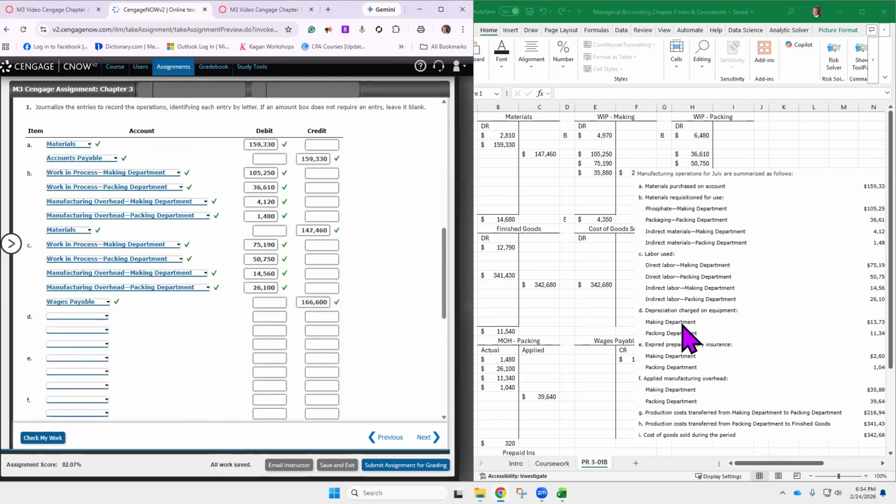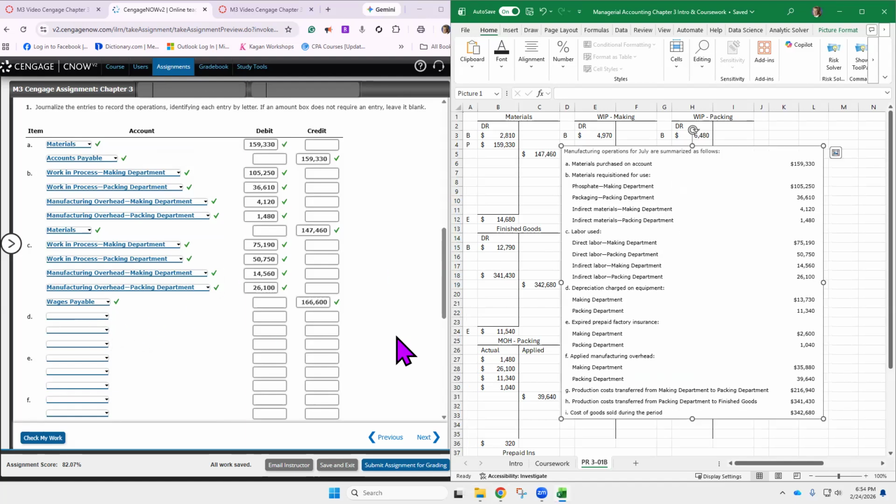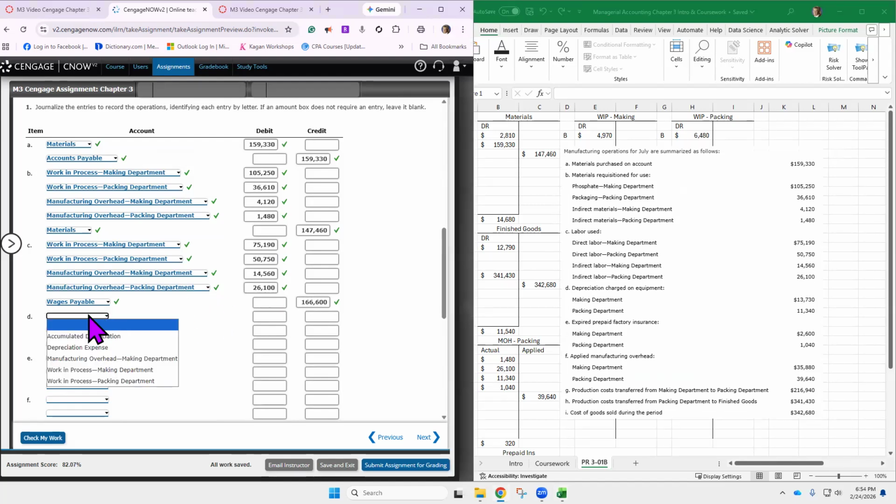All right, now we want D, depreciation. Each manufacturing overhead is going to get depreciation. So we're going to pick manufacturing overhead for the making department and manufacturing overhead for the packing department, and we're going to put those two amounts in.